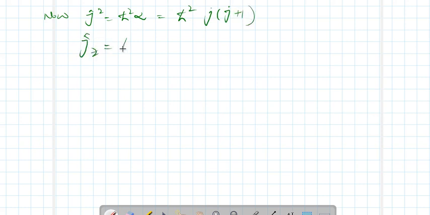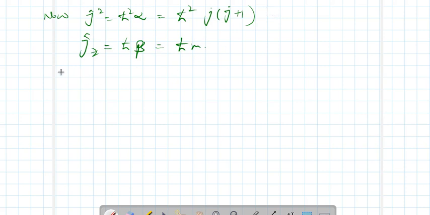Now J square is equal to h cross square alpha. This is the eigenvalue of it, and the value of alpha, as I know from equation number 23, is j into j plus 1, and similarly Jz can be written as h cross beta is equal to h cross m.